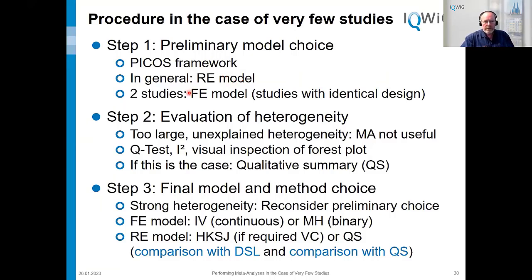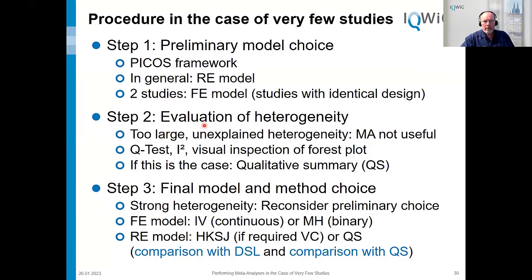Only in the case of two studies, we use in general the fixed effect model, unless there are clear arguments not to do this. A clear situation where this model is justified is, for example, if you have studies with identical design, then this assumption is plausible and we can use it. And in general, we use this model as standard in the case of two studies. I come back to this point a little bit later.